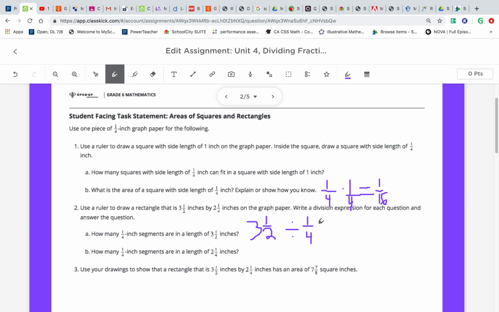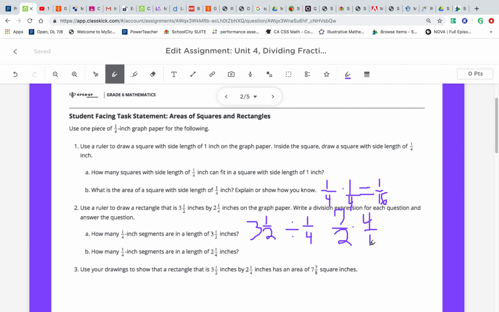Or remind you of how to solve it, because we've covered how to do these before, right? 3.5, that's 3 times 2 is 6, plus 1 is 7. 7 halves. And when we divide by a fraction, we can change it to multiplication. Flip this upside down, we get the reciprocal. It's 4/1.